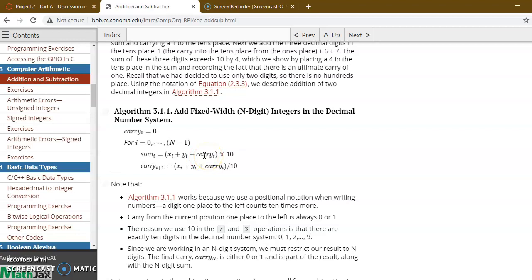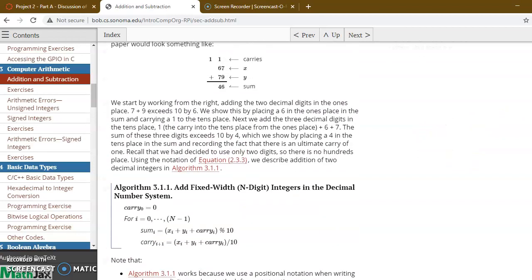There's no carry, so that would be 0. And then it uses the percent sign, which means modulus. So if we add that together with the carry value, and then we take the modulus of 10, you can determine what the remainder is, and that's the answer that's put there. The carry value is that same total divided by 10 using integer division, meaning there will be no remainder.